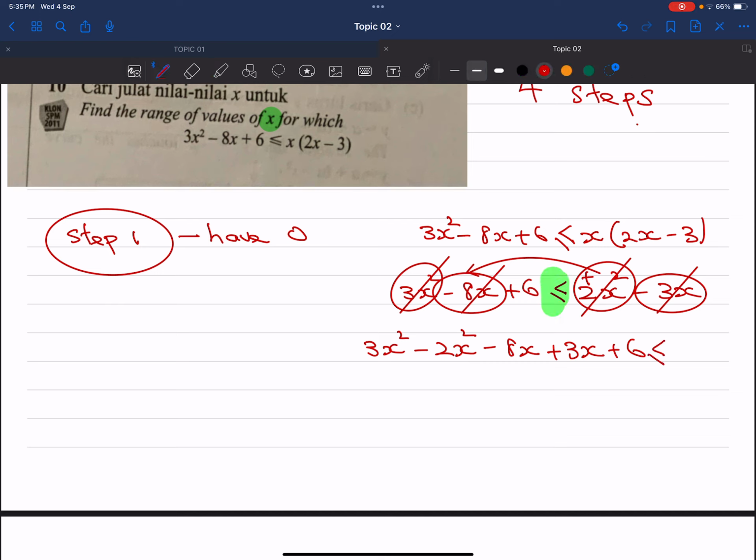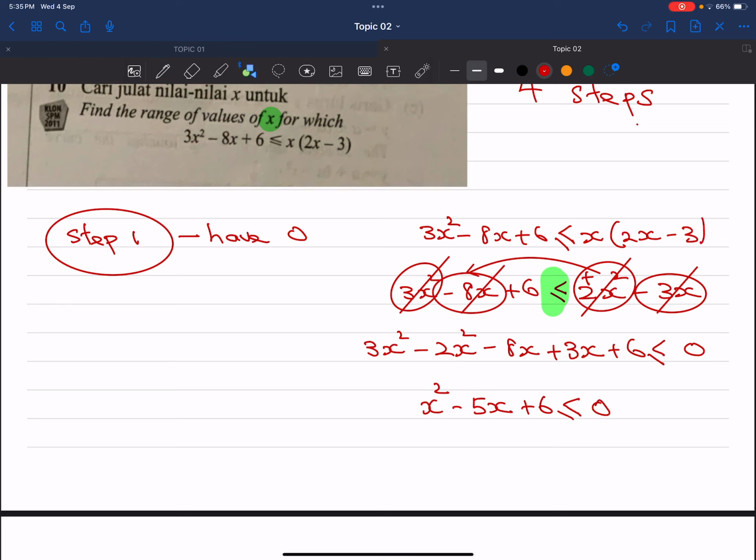Since the right hand side has been transferred, the right hand side is now 0. Now 3x squared minus 2x squared gives x squared. Minus 8x plus 3x gives minus 5x. And finally the last number, plus 6. Plus 6 less than or equal to 0.